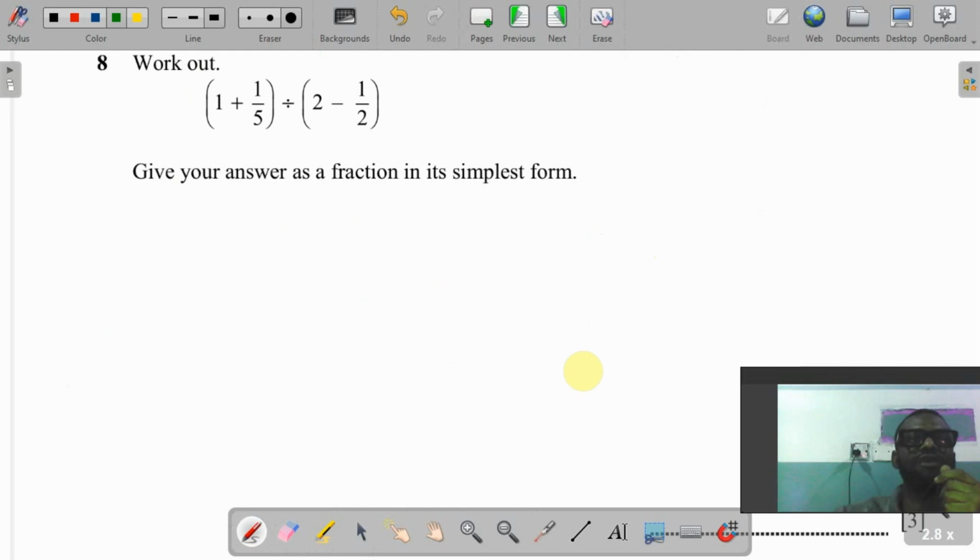Work out and give your answer as a fraction in its simplest form. This is 1 plus 1 over 5, then divided by 2 minus 1 over 2.